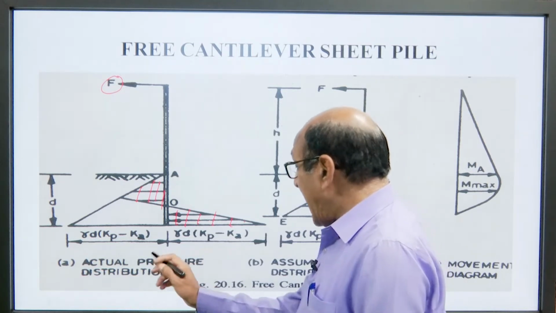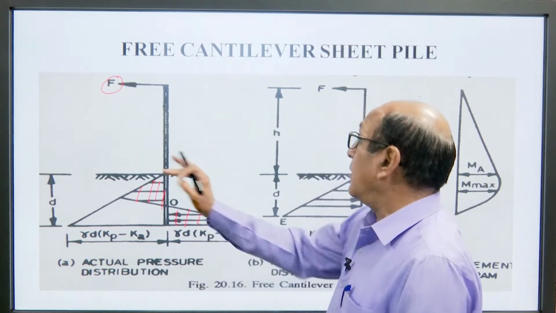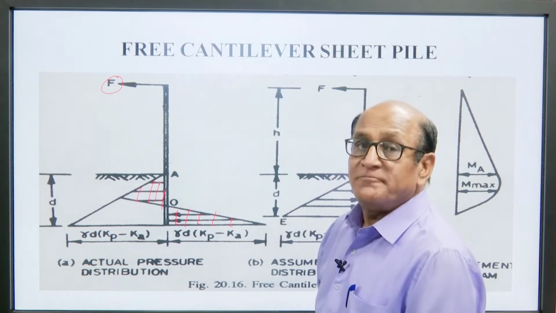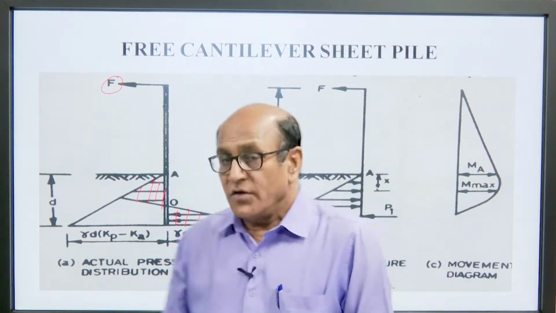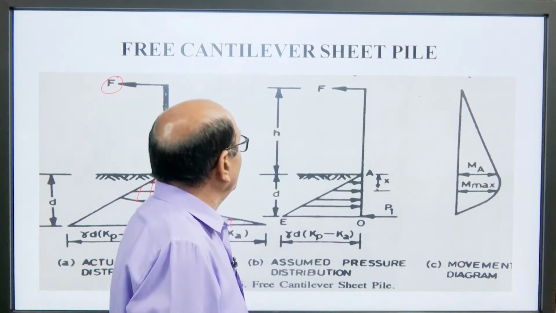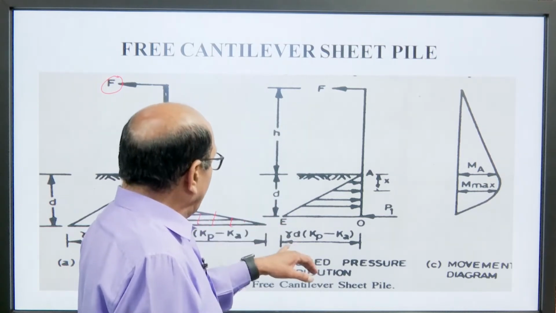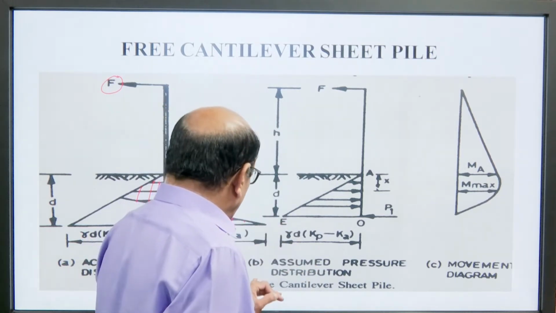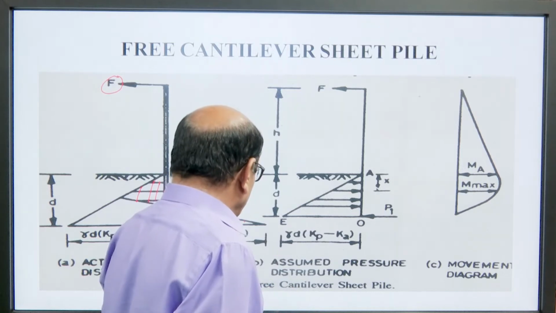So, this is the actual pressure distribution of a sheet pile. We can see here again the assumed pressure distribution.